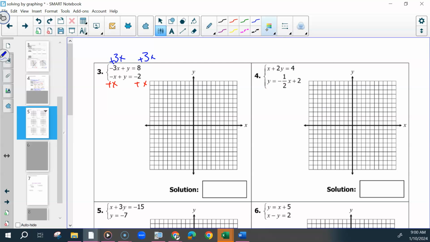So that the top equation is y equals +3x plus 8, and the bottom one is y equals x minus 2.